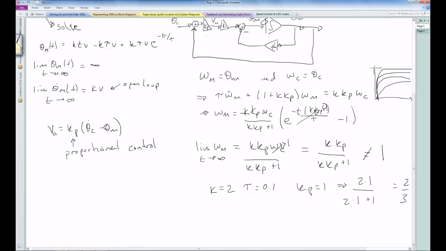The voltage applied is proportional, hence kp, to the error. We can use what we call PI control, where this stands for proportional, and this stands for integral. So this is proportional integral control, and we're going to work on this tomorrow in class.